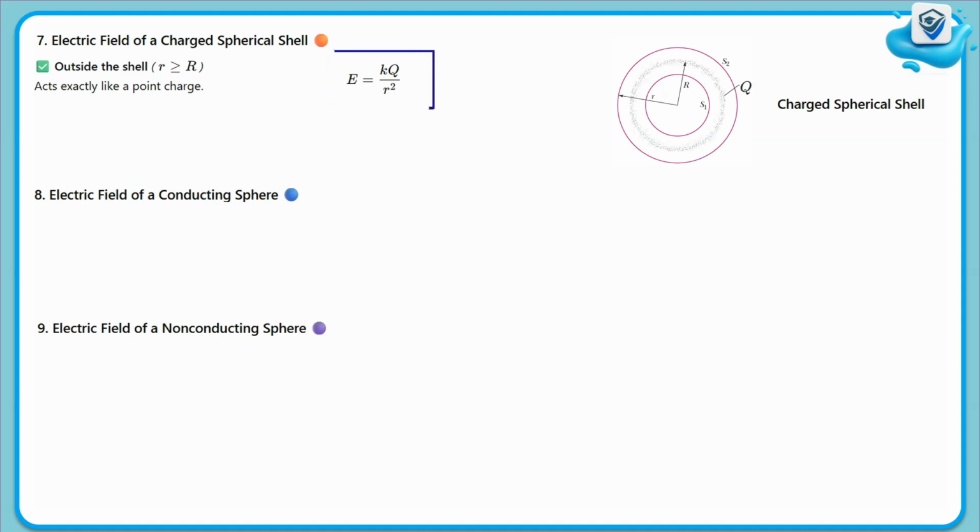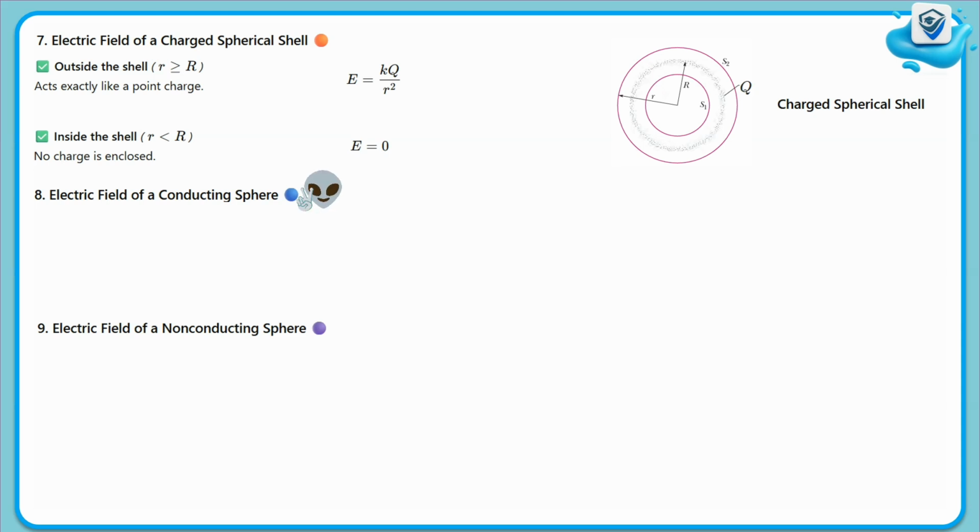So the electric field is E equals kQ divided by r squared. Now, if the point is inside the shell, the enclosed charge is 0. Therefore, E equals 0.